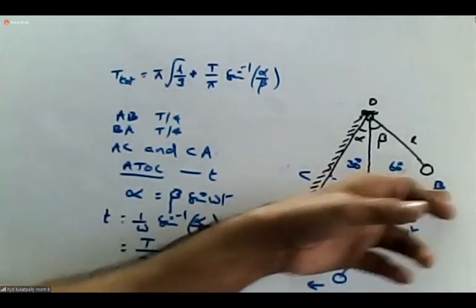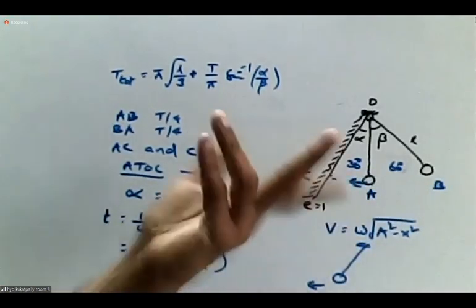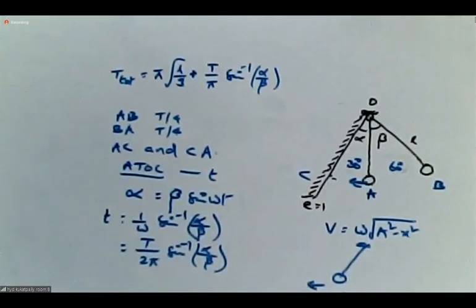This is having one time period, A to B, B to A, and then C to A, another time period. Composite SHM we call it. This is composite SHM. Okay, sir. Understand? Any doubts? Please ask.